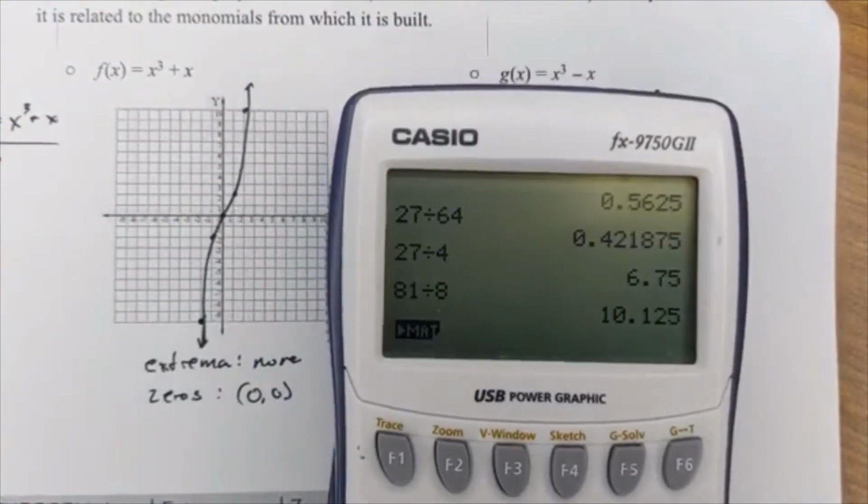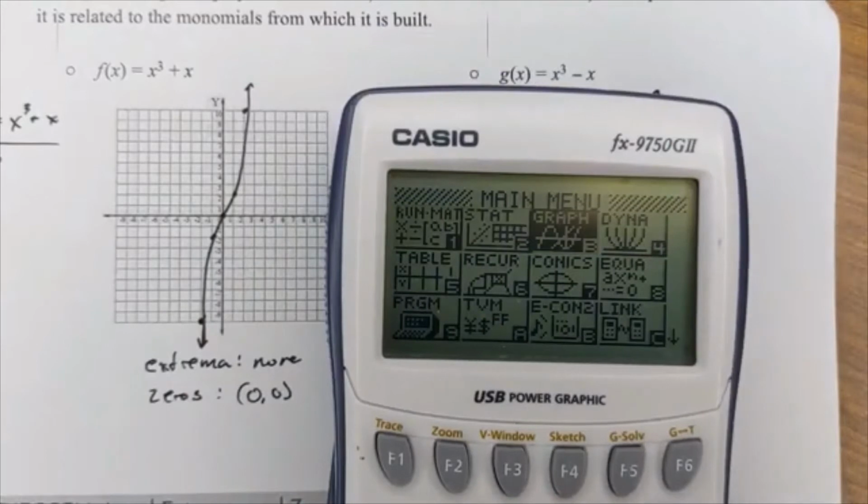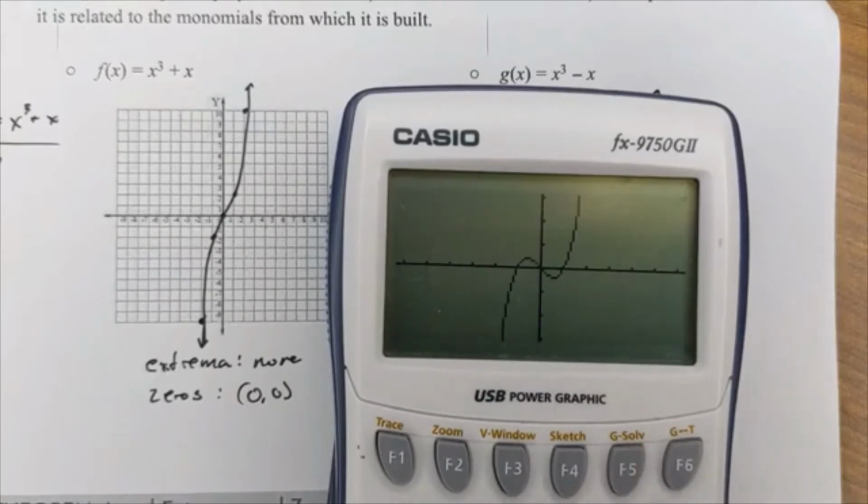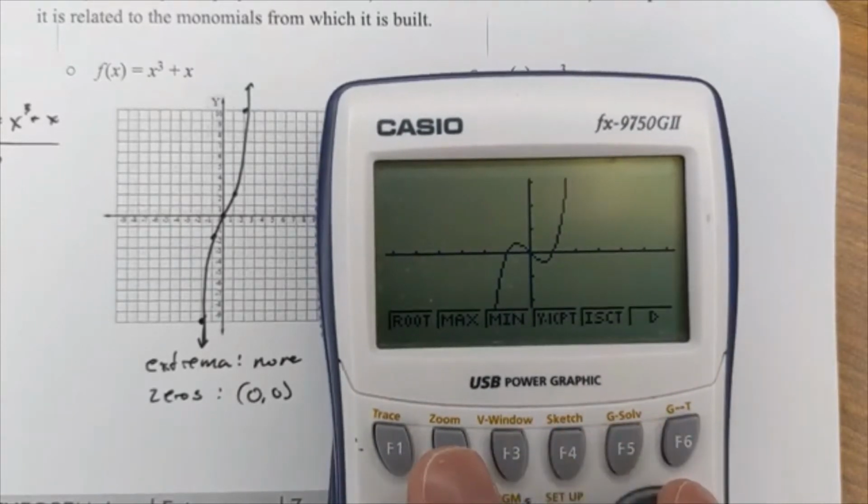So on a Casio, we're going to go to the graph. We've got x cubed minus x. Draw. There it is. Okay, same shape. On a Casio, if you want to find a max or min, you hit G-solve, and then select. There's max for F2, min for F3. So let's find the maximum, and it'll find it.